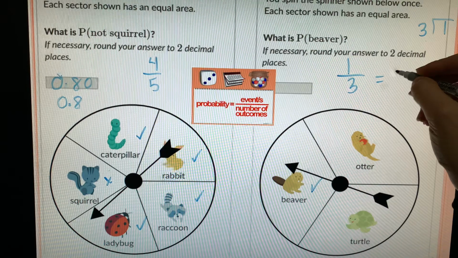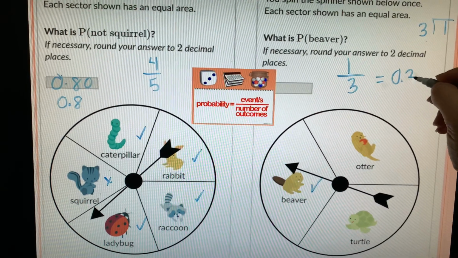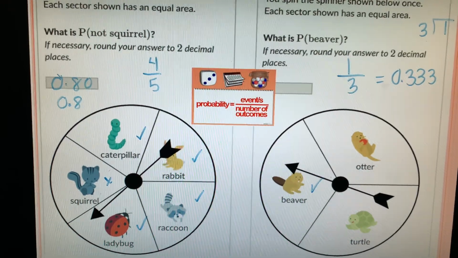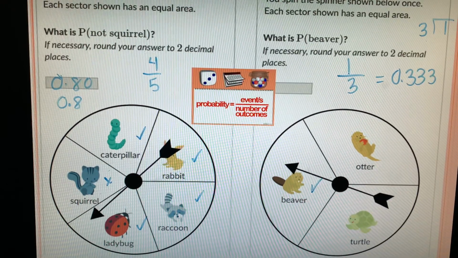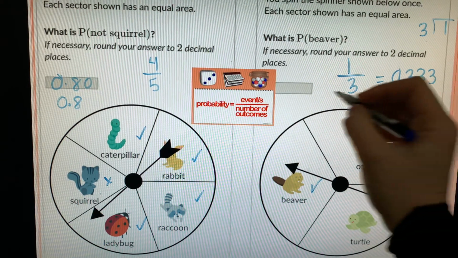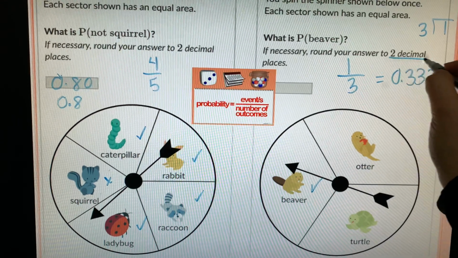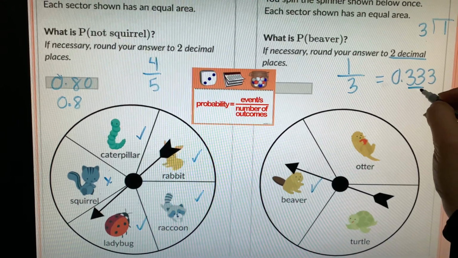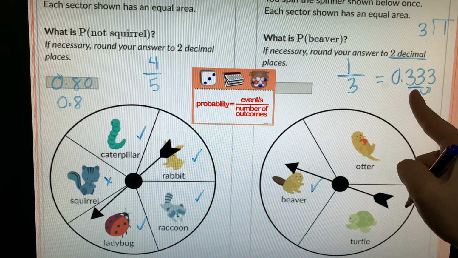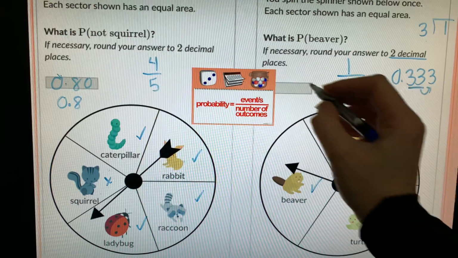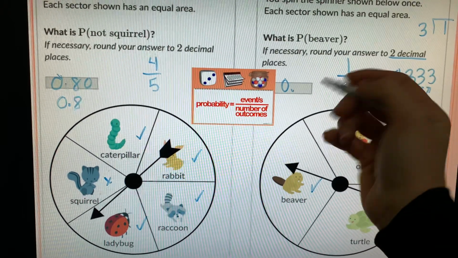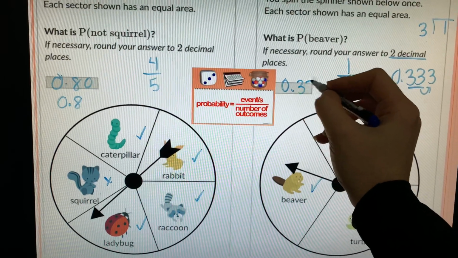The answer to that is going to be this non-repeating decimal, meaning that that decimal is going to be going on forever and ever without ending. So 1/3 is about 33 hundredths. I want the decimal to be to 2 places, so I'm going to look to the right. Is that decimal going to go up, or is it going to stay the same? In this case, it's going to stay the same because this 3 here is less than 5.